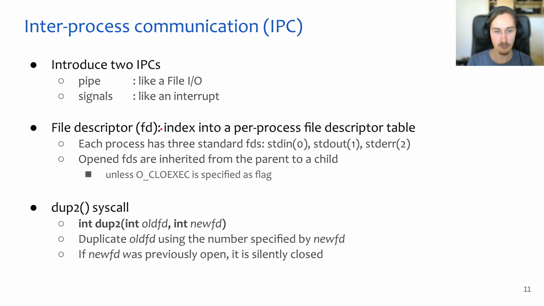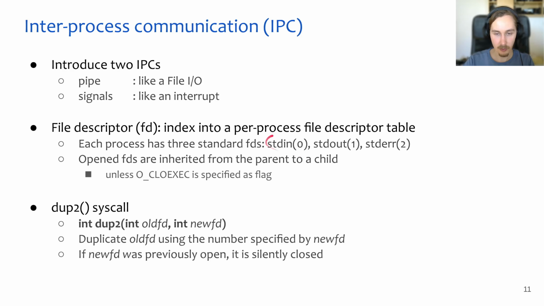And by default, each process has 3 standard file descriptors: standard in on file descriptor 0, standard out on 1, and standard error on file descriptor 2. And by default, these are inherited from parents to children. This can actually be prevented by opening files with the close-on-exec flag, because then on calling execve, all previous file descriptors are automatically closed. But this does not apply to these 3 standard file descriptors.